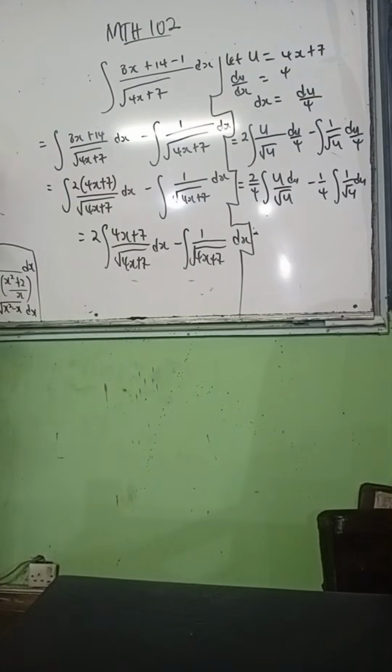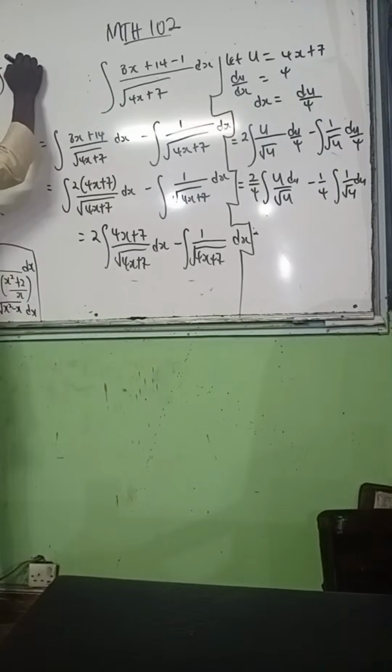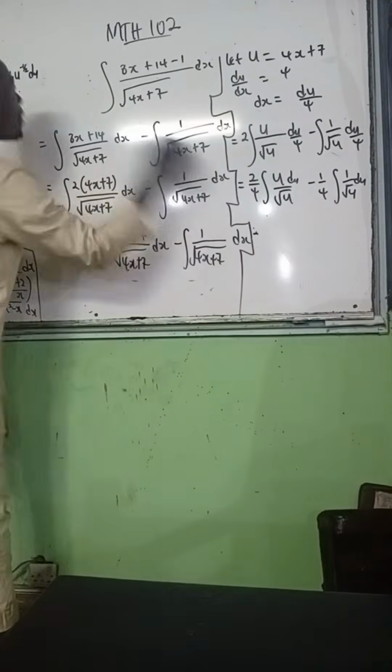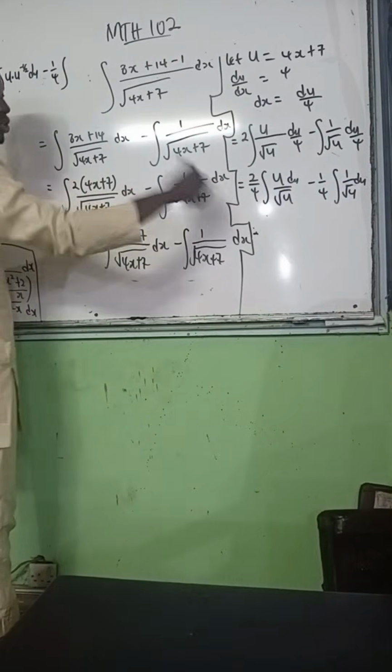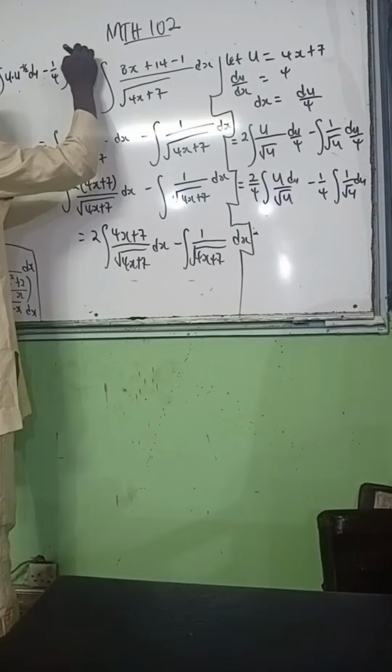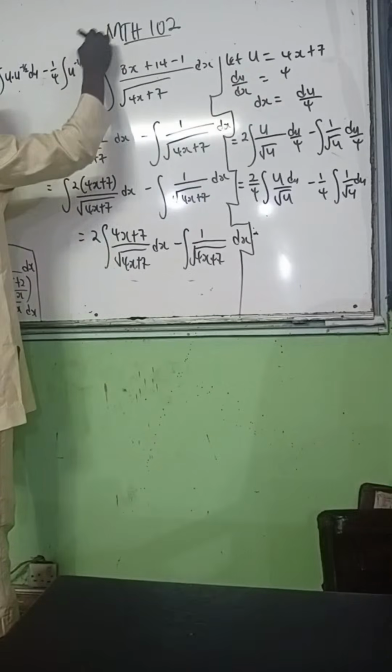The question is here. So we have 2 over 4, that's 1 over 2, integral of u multiplied by u raised to minus half du, minus 1 over 4 integral of u raised to minus half du.